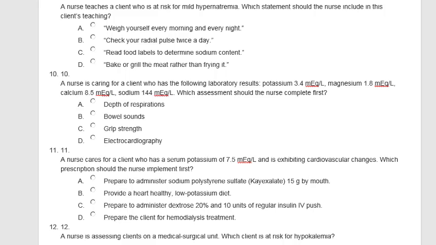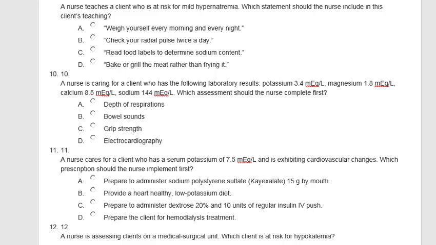Yes, we said potassium also affects bowel sounds if you have hypokalemia. You can have paralytic ileus and things like that. Number 3, grip strength. Yes, low potassium can cause muscle weakness. And D, EKG problems. Yes, potassium can cause problems with your EKG. Now, all of them can be signs and symptoms of low potassium.